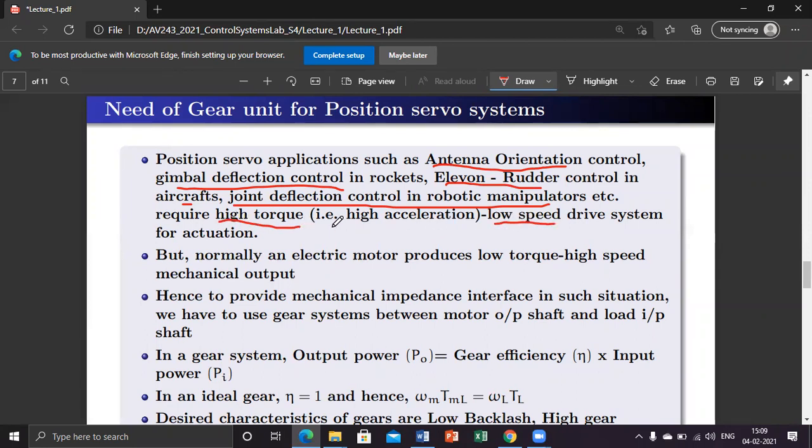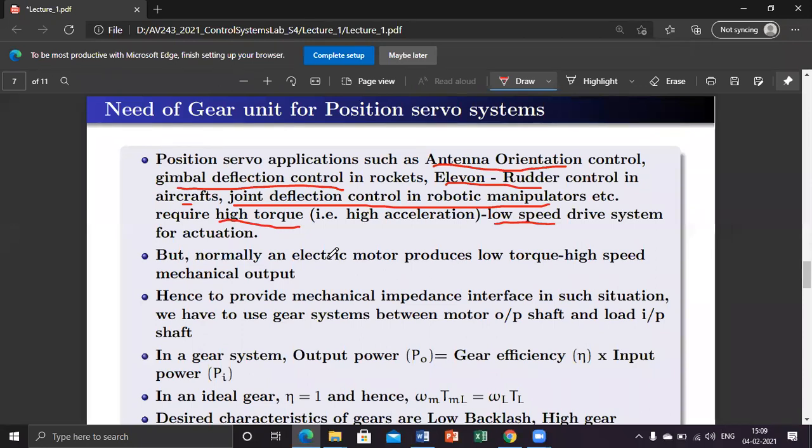High torque means high acceleration requirement. Quickly you have to change the speed, but we don't require large speed. 0 to say 5 radian per second, that should be done quickly. That requires high acceleration, especially when high acceleration is associated with a high inertial load. That calls for a high torque.